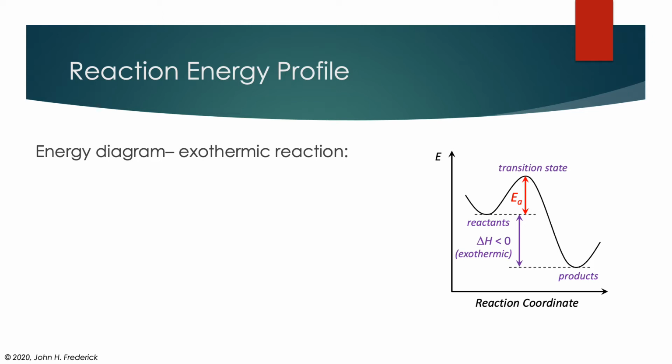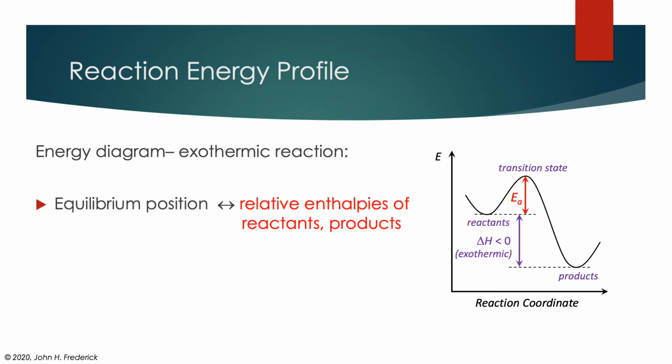Let's fill this out a little bit more. Well, first of all, when we talked about equilibrium, the equilibrium position of a reaction really is a function in part of the relative enthalpies of the reactants and products. In other words, delta H is what determines, in essence, the equilibrium constant for a given reaction. It has nothing to do with the height of the barrier between reactants and products.